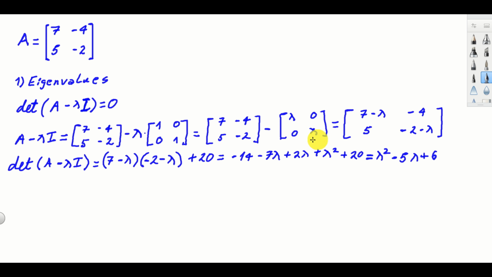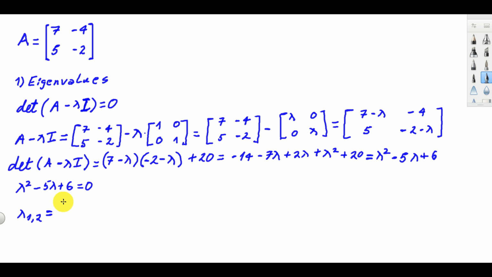Okay, now to compute the eigenvalues, we need to compute the zeros of this quadratic polynomial. Lambda squared minus 5 lambda plus 6 is equal to 0. The zeros are lambda 1, 2 is equal to. Here we apply the standard equation for computing the zeros of a quadratic equation.